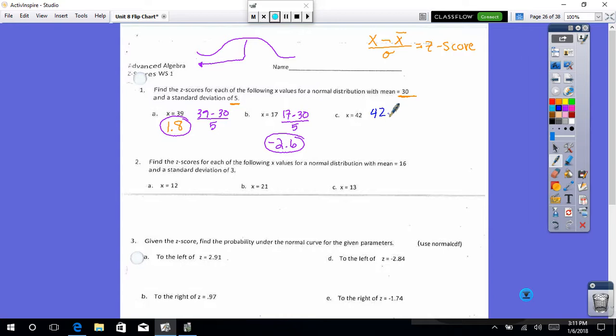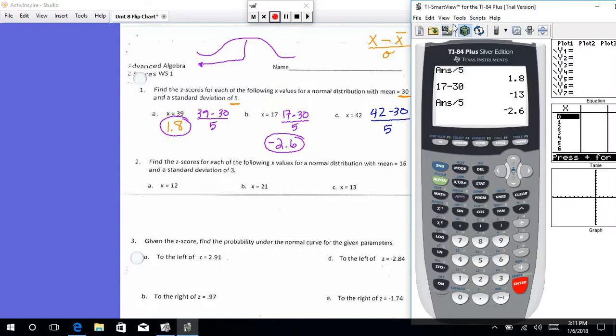Okay, 42 minus 30 over 5 gives a z-score of 2.4. Let me show you real quick.